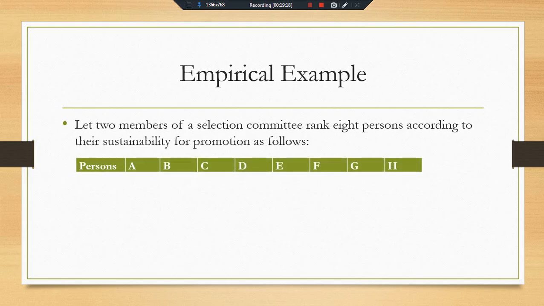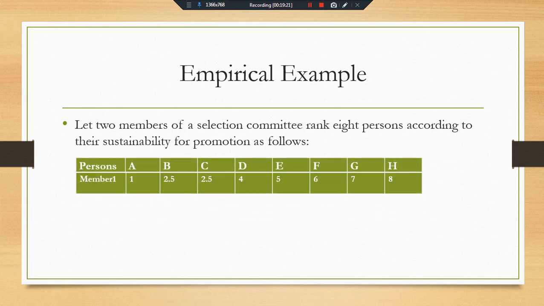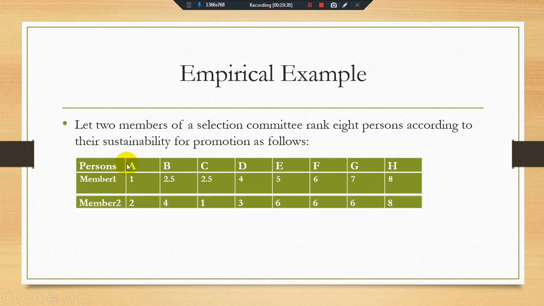We have persons A, B, C, D, E, F, G, H, and member 1 gives ranks 1, 2.5, 2.5, 4, 5, 6, 7 and 8, and member 2 ranks A with 2, B with 4, C with 1, D with 3, E with 6, F with 6, G with 6 and H with 8.